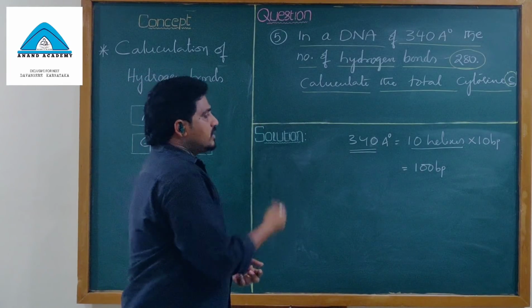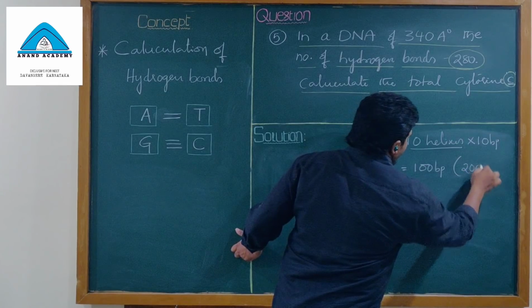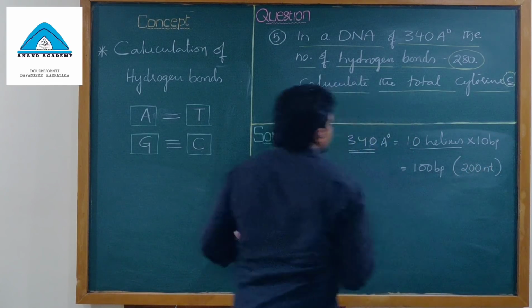So from the length we have collected base pairs. 100 base pairs means how many nucleotides? Certainly 200 nucleotides are present.